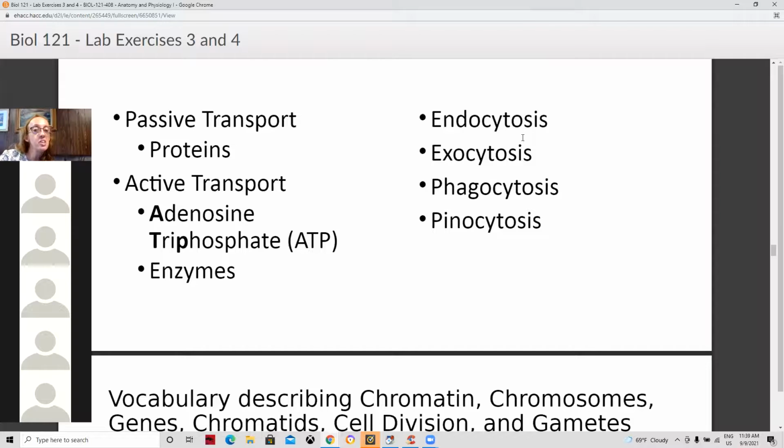Endocytosis means to bring things into the cell. Exocytosis means to have things move out of the cell. Phagocytosis and pinocytosis are examples of endocytosis.